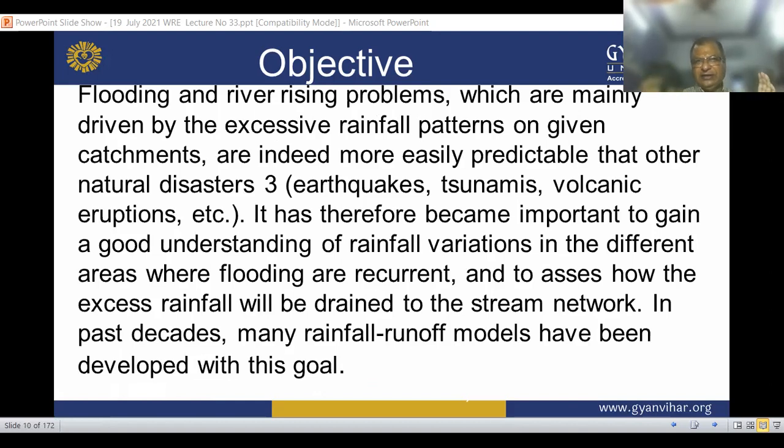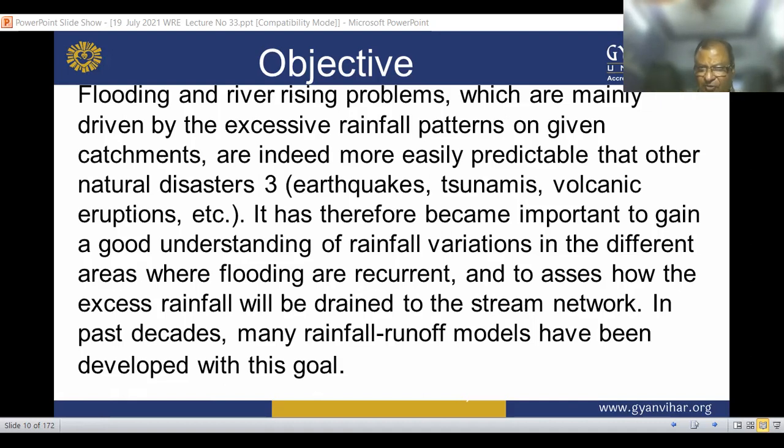So flooding and river flooding problems, which are mainly driven by the excessive rainfall pattern on a given catchment, are indeed more easily predictable than other natural disasters like earthquakes, volcanic eruptions and so on.